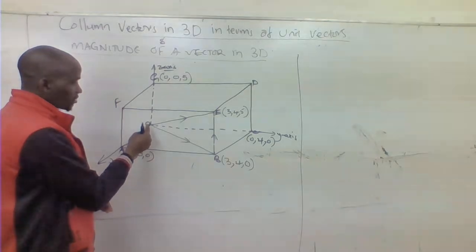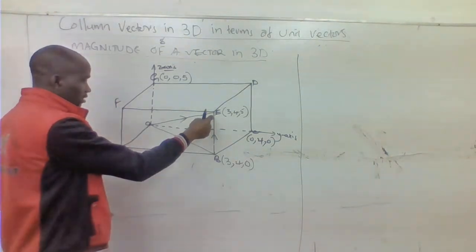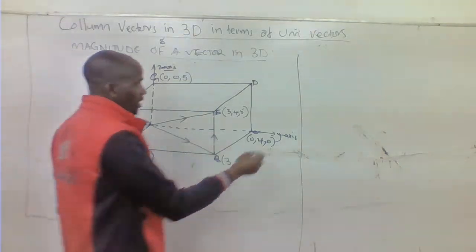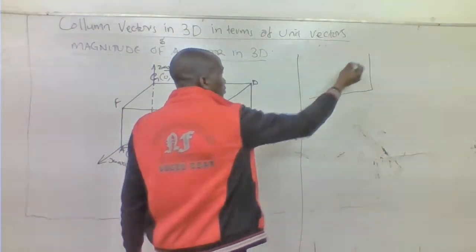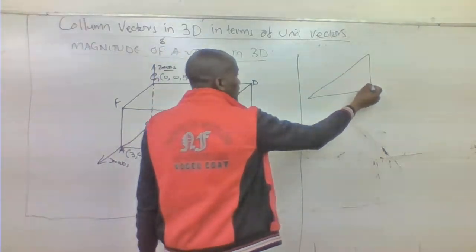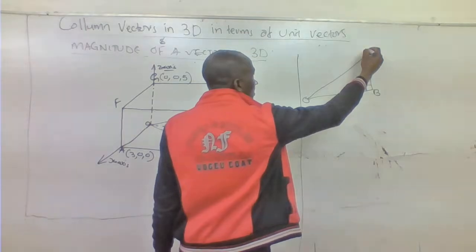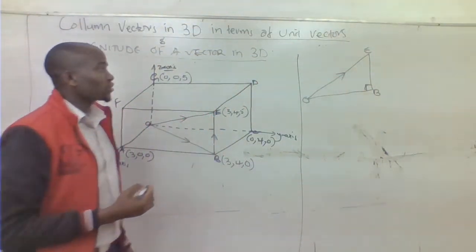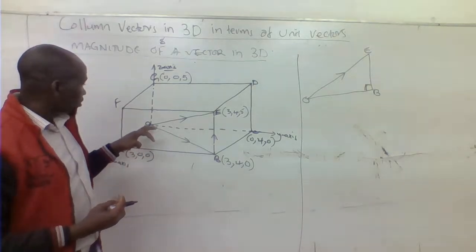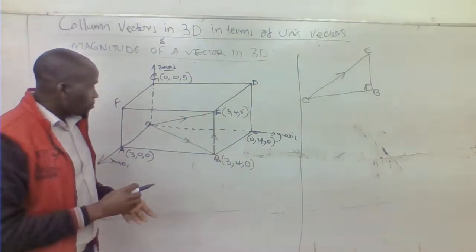So this given vector here OE, maybe I can remove that triangle, so we have this triangle here. So this one is 90 degrees. So we have O, then we have B, then we have E. Now as you can see, it is a right angled triangle OBE.